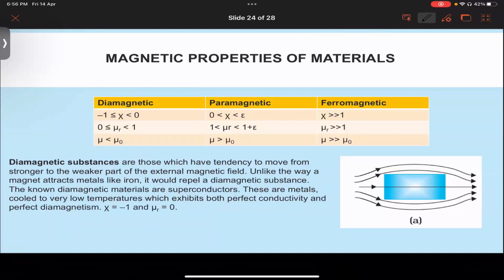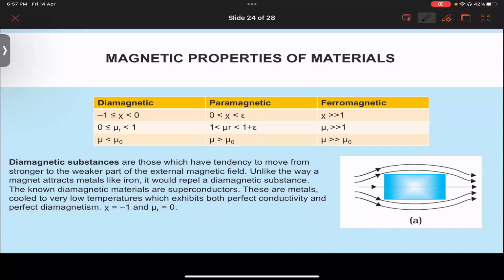Now we come to the magnetic properties of the materials. Not all materials have similar behavior with respect to how easily they can get magnetized or what their magnetic properties are.